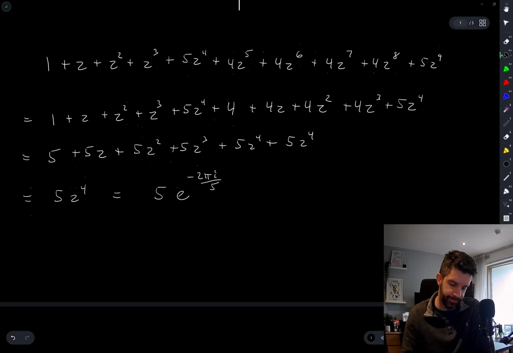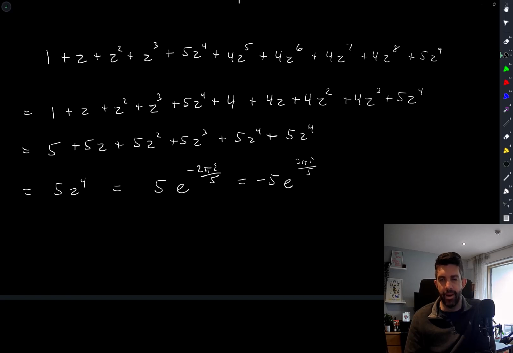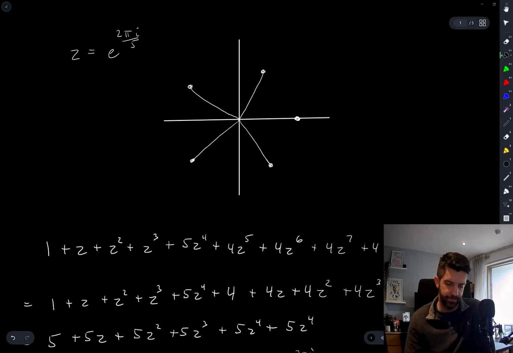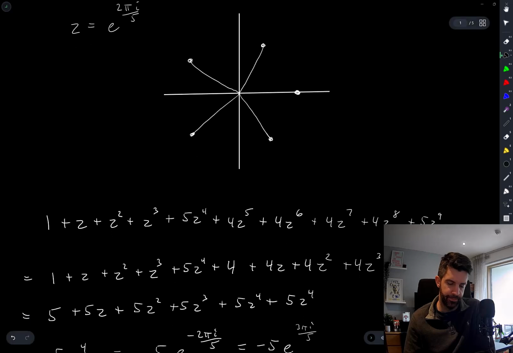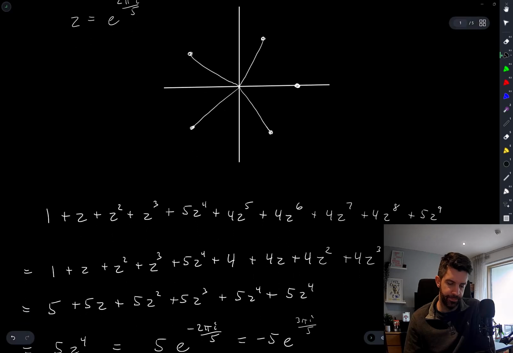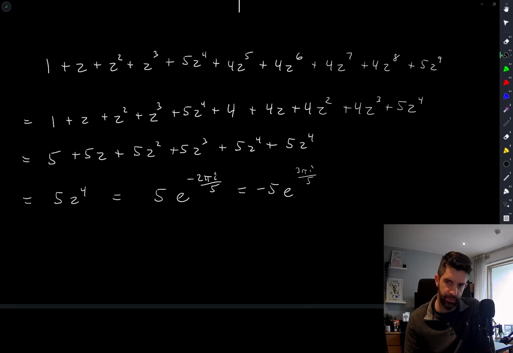So I believe this is just negative 5 e to the 3 pi i over 5. Pretty sure that's correct, which is option E.